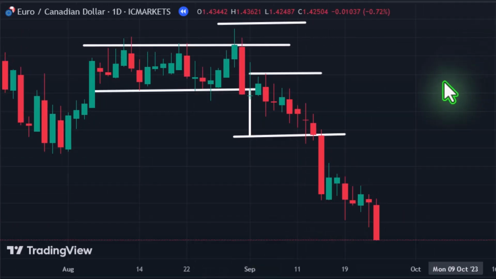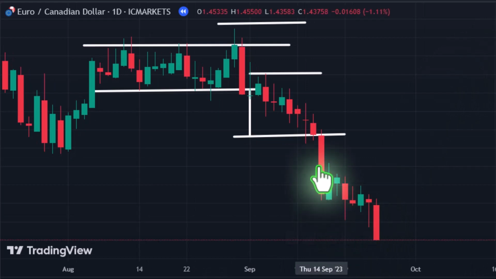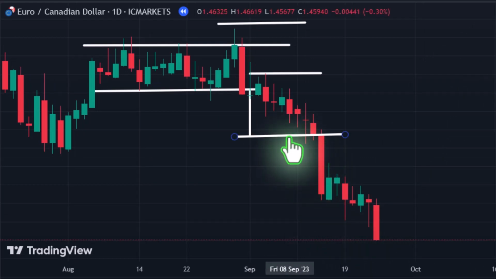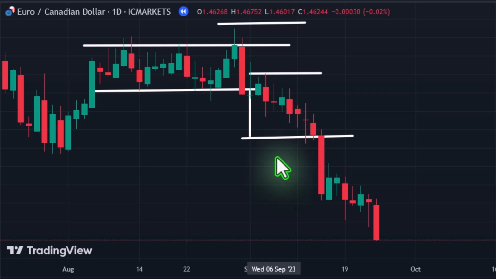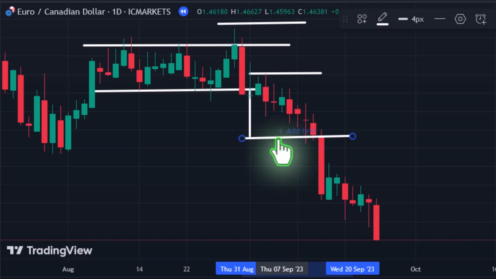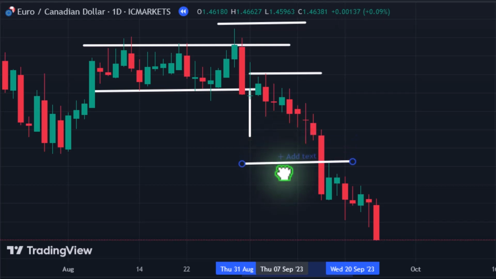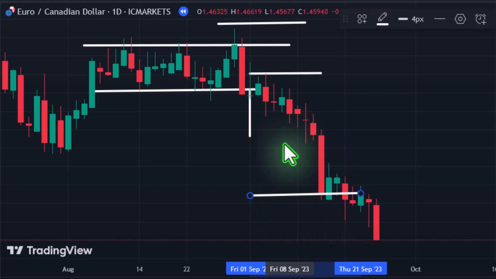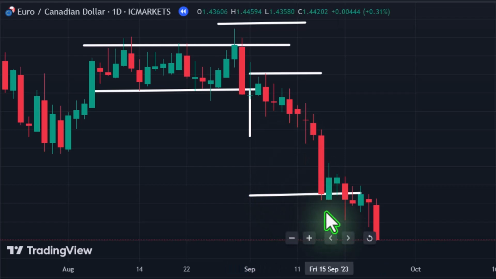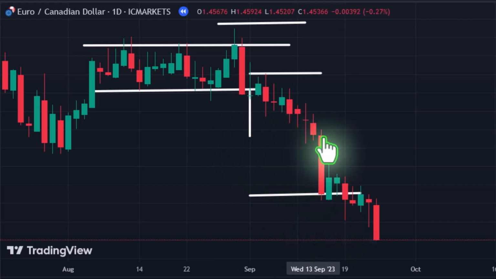Imagine if our target is right here. The normal thing to do at this point is to close the trade right here, but sometimes you can enter multiple positions and allow some of the profits to run. So it's not good leaving money on the table. So you can close some positions right here and allow the remaining ones to run through.